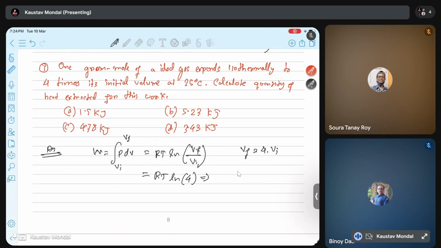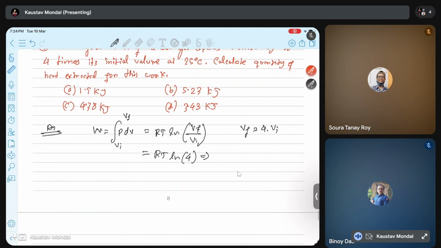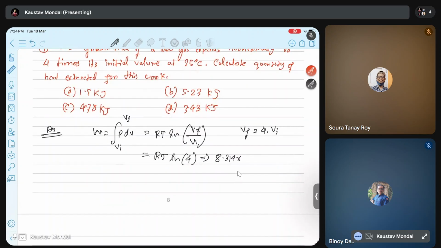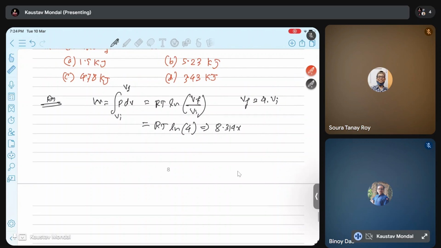R we know is 8.314 joule Kelvin inverse mole inverse. Substitute that, and the temperature is given as 25 degrees, so you have to convert it to Kelvin, which makes it 298, into ln of 4. In the calculator, if you do that, it gives you 3.43 kilojoule.